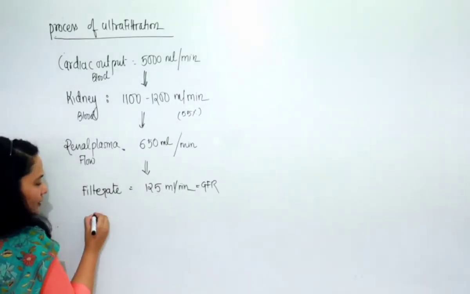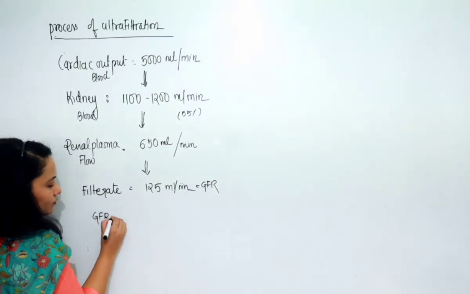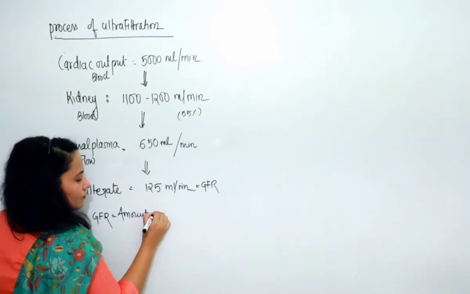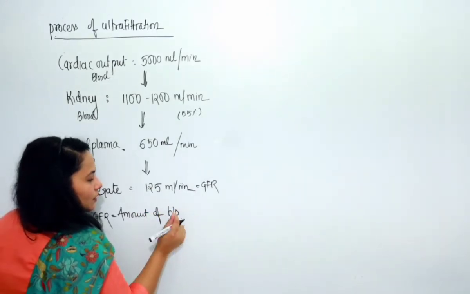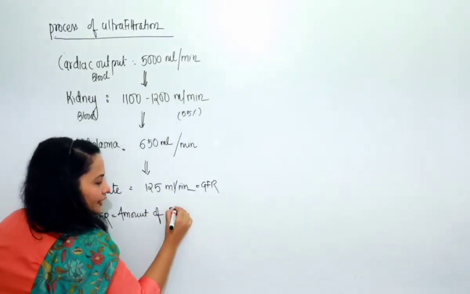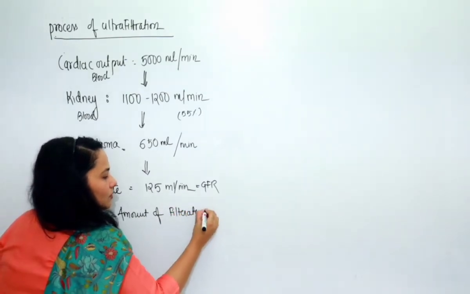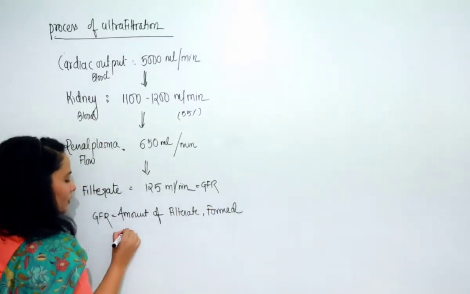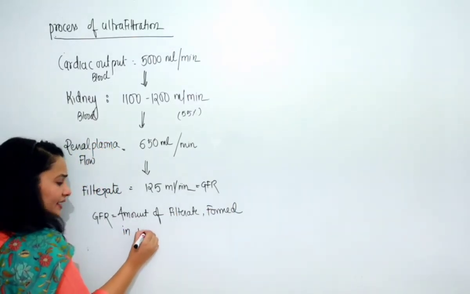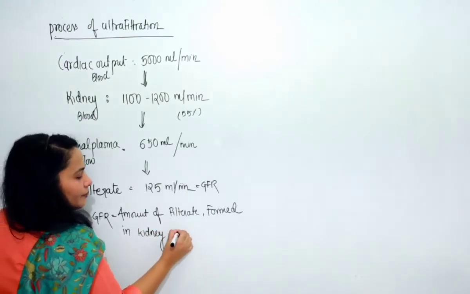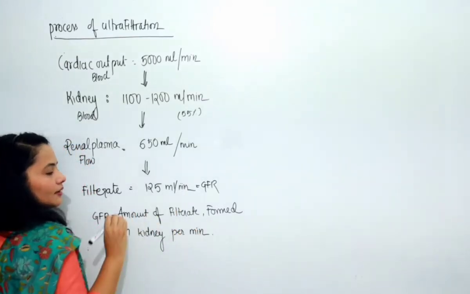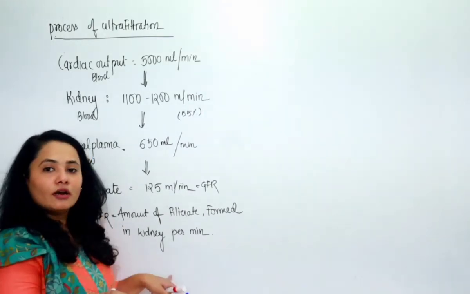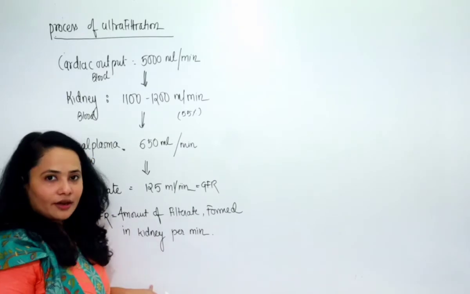So let us define GFR. What is GFR? The amount of filtrate formed in or by the kidney per minute is known as its filtration rate. Whose filtration rate? The glomerulus's filtration rate. So this is what it is called.